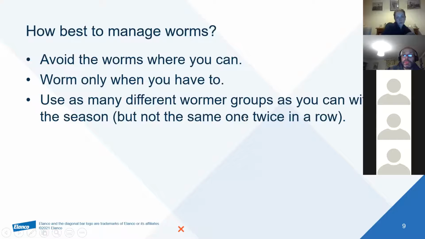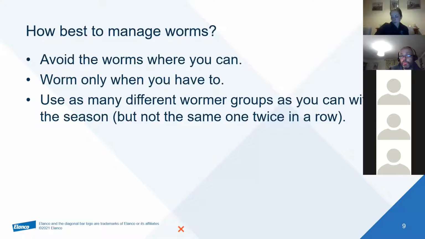And then the next one, this might be a bit different than you've heard before. Use as many different wormer groups as you can within the season, and avoid using the same one twice in a row. And we'll come on to what the wormer groups are in a minute. Previously, maybe a couple of decades ago, people talked about rotating wormers.